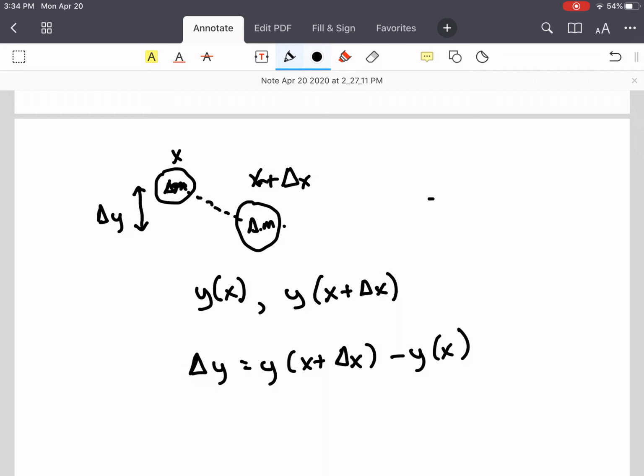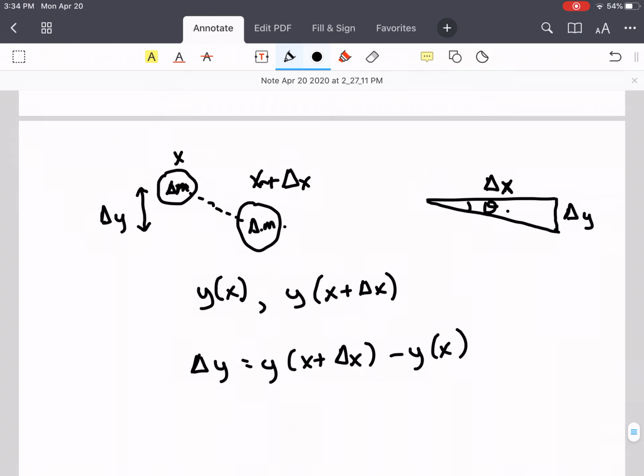If I draw out a little triangle, I have some displacement y, like so, and some displacement x, like so. The angle here, theta, is pretty small. And we'll call this theta right to indicate that this is what's happening over on the right-hand side.